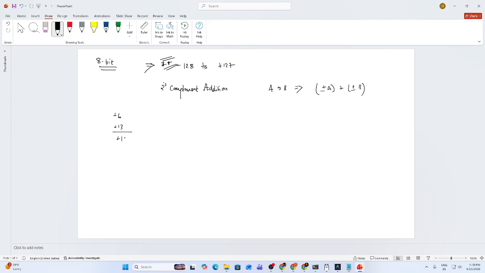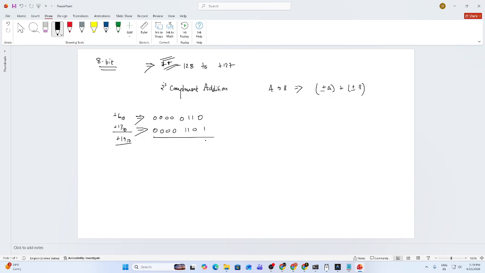You can observe we'll get the result. This is a decimal representation, base 10. Plus 6 can be represented in 8 bits as 0000 0110. Similarly, plus 13 can be represented as 0000 1101.